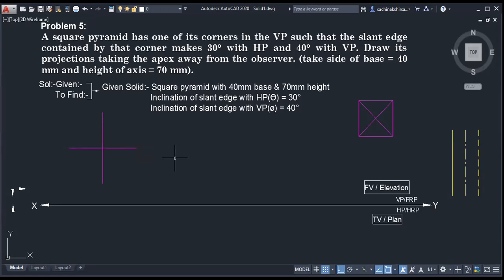On that line, you can mark a distance equal to half of the diagonal. So whatever diagonal I have drawn, take half of the diagonal distance and mark it. What is half of the diagonal distance? Can anybody tell?